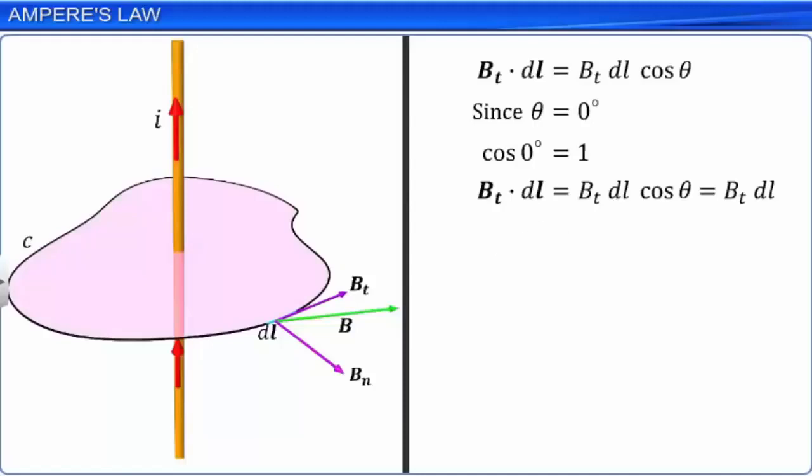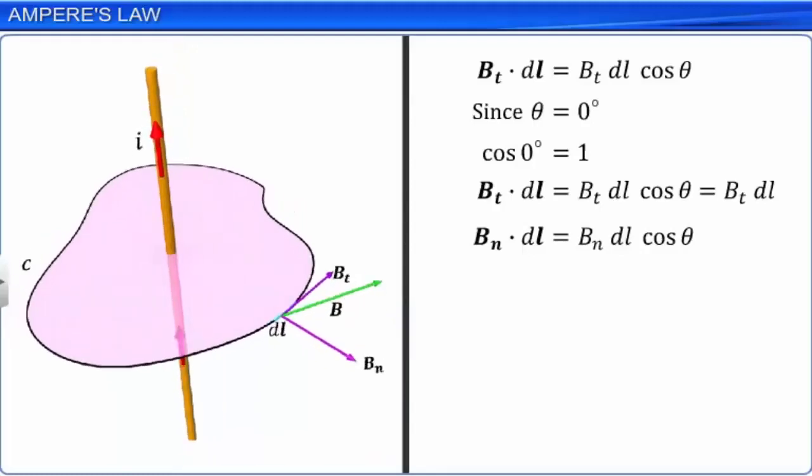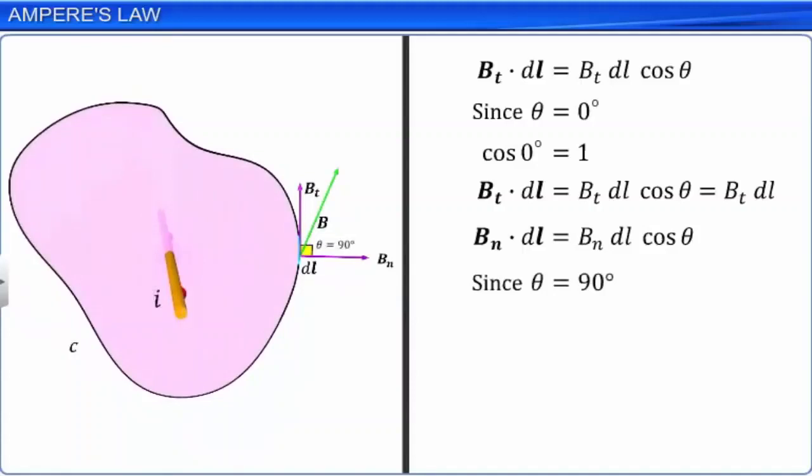The scalar product of the normal component of the magnetic field and the length of the small element of the closed loop is Bn dot dl is equal to Bn dl cos theta. Since the angle theta between the normal component of the magnetic field and the length of the small element is 90 degrees and cos 90 is equal to 0, Bn dot dl is equal to 0. Hence, the normal component of the magnetic field can be ignored.